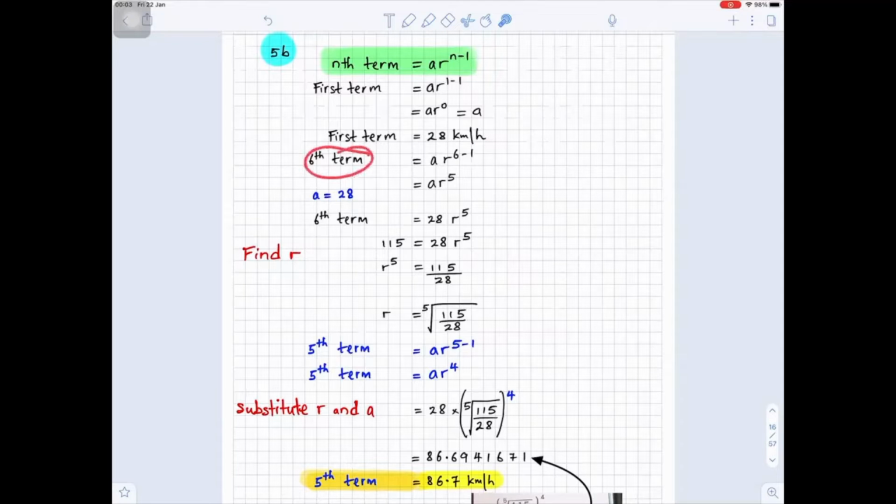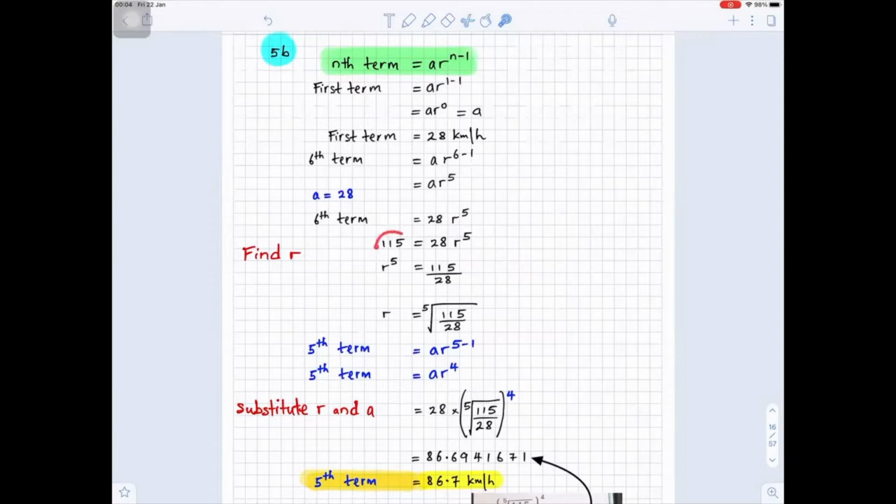The sixth term is a r to the 6 minus 1. 6 minus 1 is 5. So the sixth term is a r to the 5. But we know a is equal to 28. So you substitute 28. So the sixth term is equal to 28 times r to the 5.